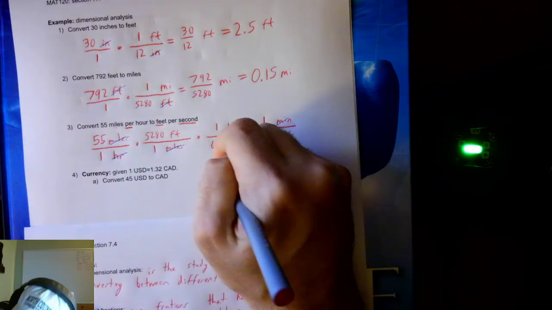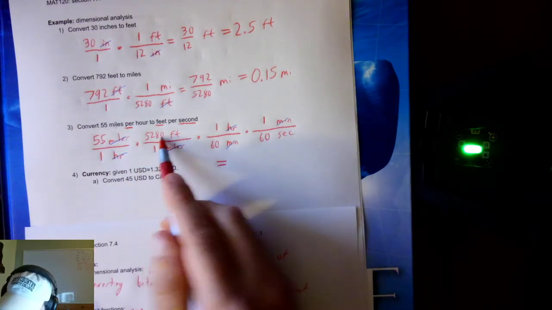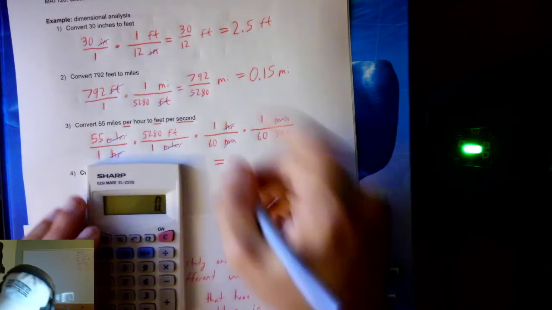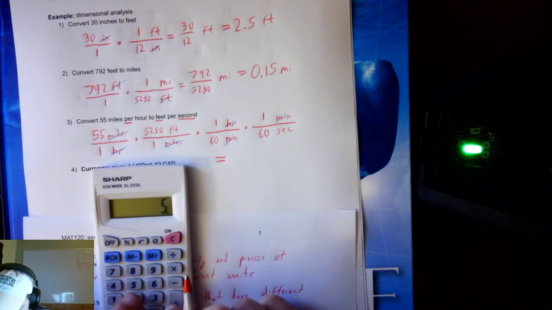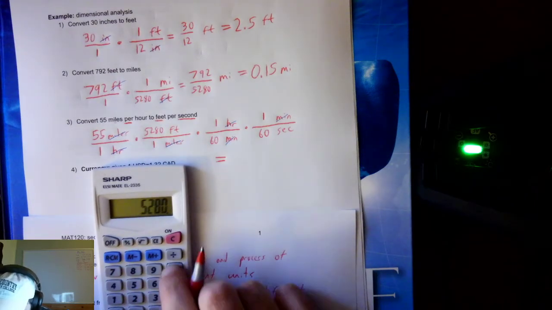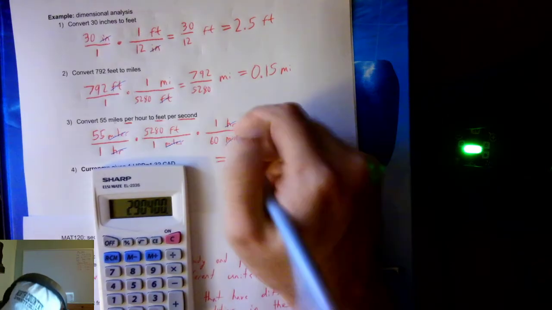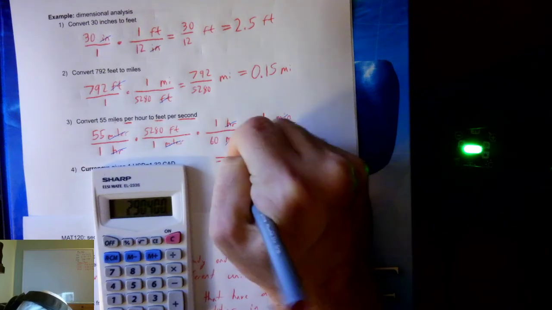So now what I need to do is multiply in the top. 55 times 5280 times 1 in the top. These ones don't really matter, though. And I'm going to get 290,400 in the top.